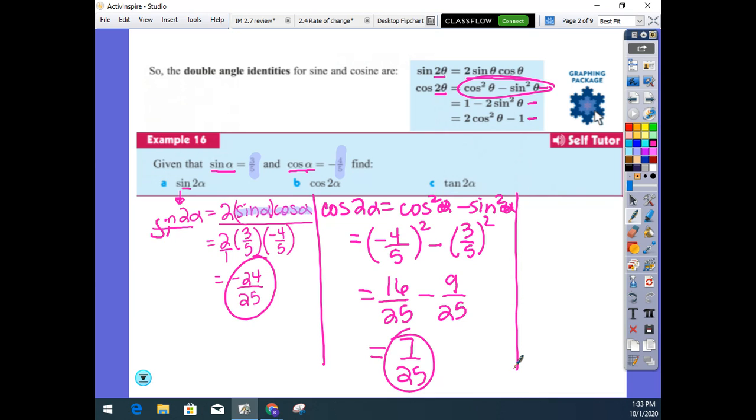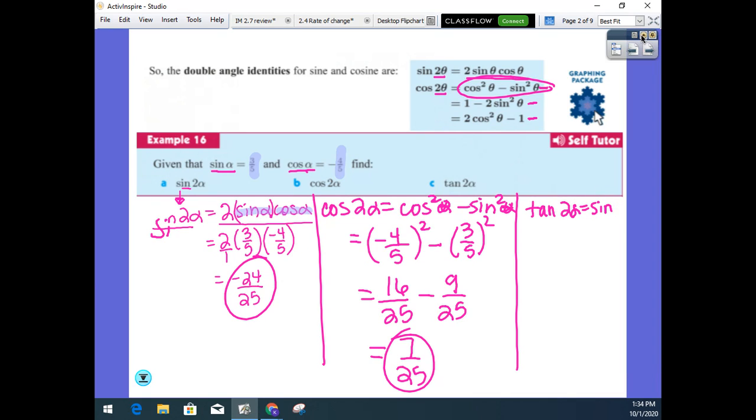Okay, with letter C, we can just cheat. There's actually a double angle for tangent. It's a little annoying. But what do we know about tangent? It's just sine over cosine. And didn't we find sine 2 alpha in the first problem, letter A?